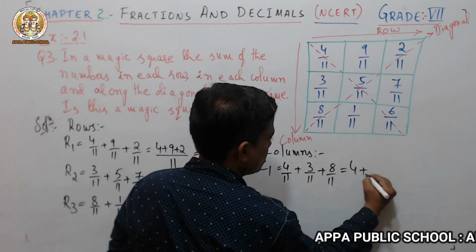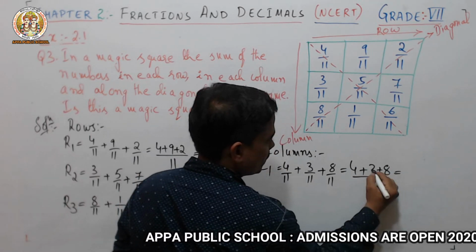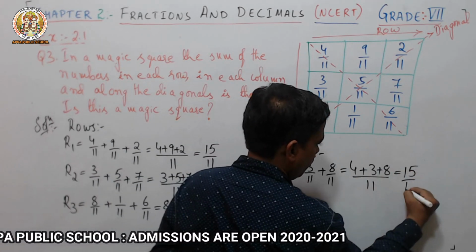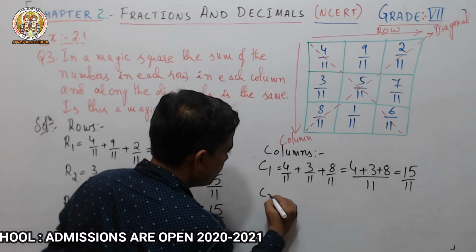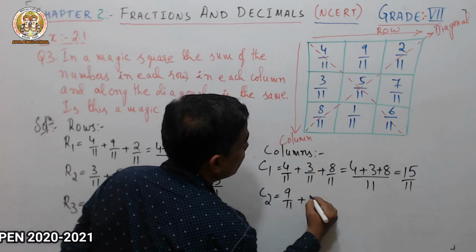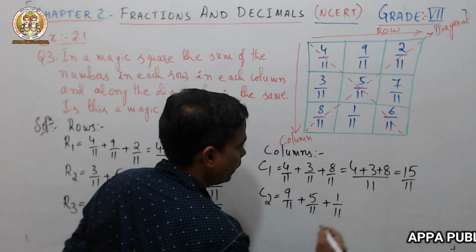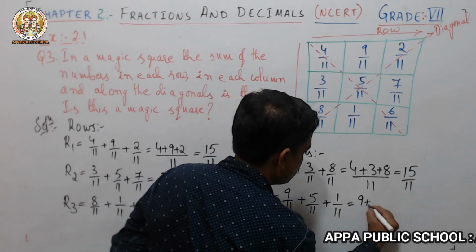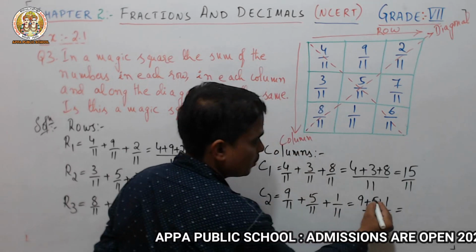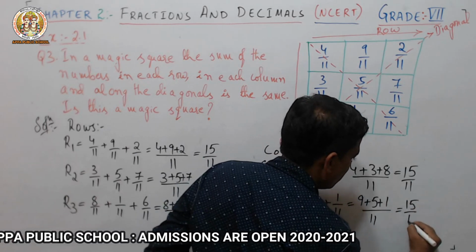That is 4 plus 3 plus 8 divided by 11. 4 plus 3 is 7, 7 plus 8 is 15 by 11. Now C2: 9 by 11 plus 5 by 11 plus 1 by 11. That is 9 plus 5 plus 1 divided by 11. 9 plus 5 is 14, 14 plus 1 is 15 by 11.